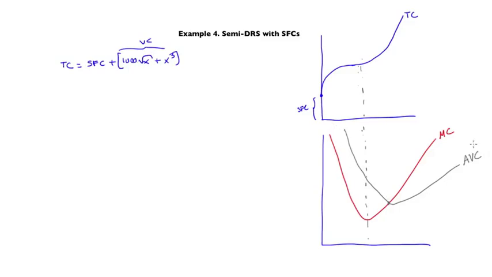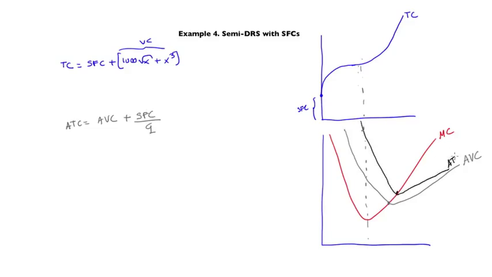Again, qualitatively, you can compute the exact average variable cost for this, but it's the qualitative shape that I'm more interested in drawing. And finally, remember that the average total cost is equal to the average variable cost plus the semi-fixed cost divided by Q. So we have the same phenomenon that we saw before, that the average total cost curve is going to be above the average variable cost curve by a lot when Q is small and by almost nothing when Q is large. So we're going to have something like this.